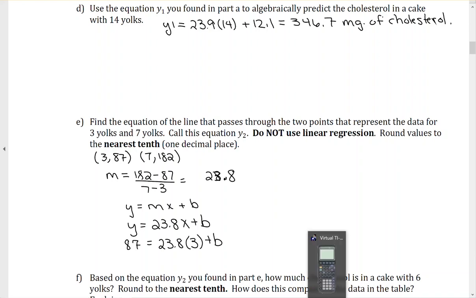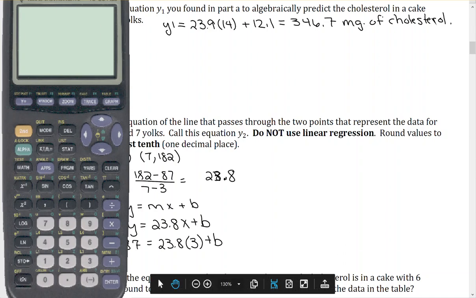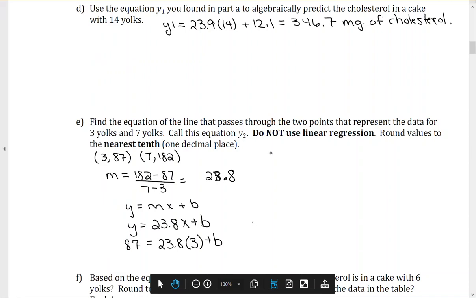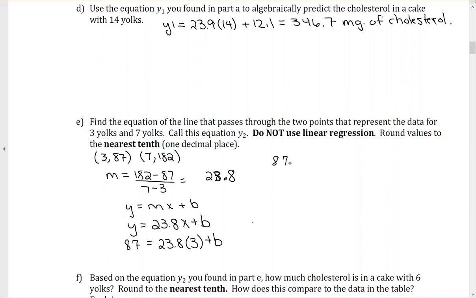Again, you can use your calculator. 23.8 times 3 is 71.4, and then plus b. So subtract 71.4 from both sides, and you should get 15.6.